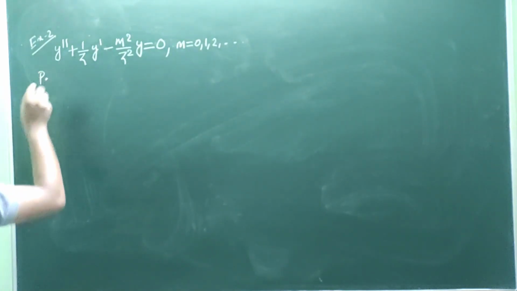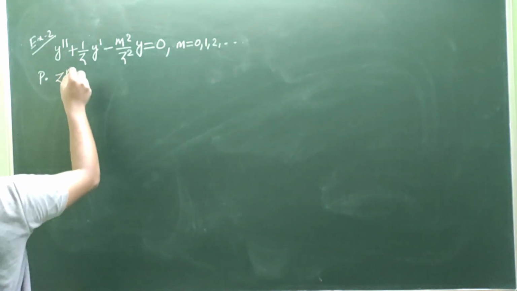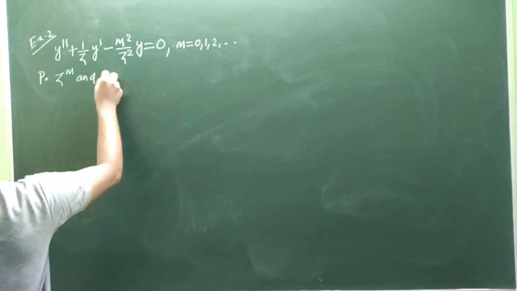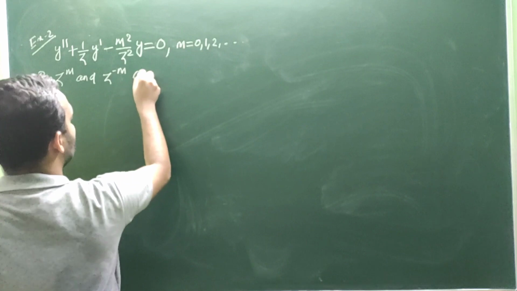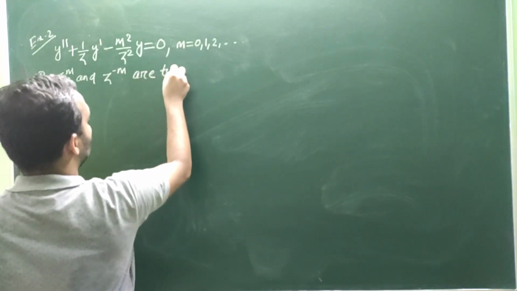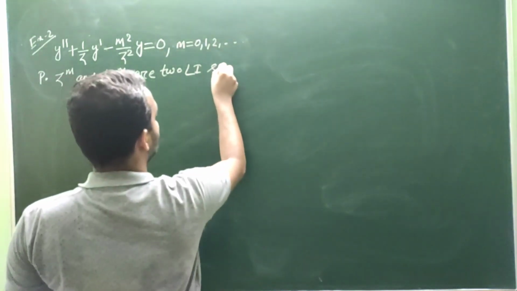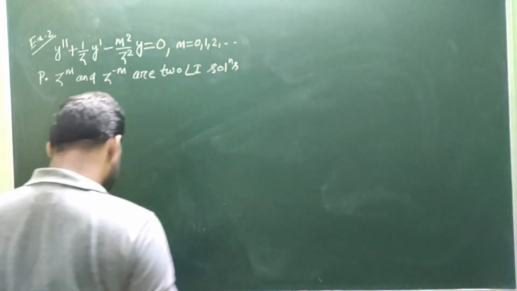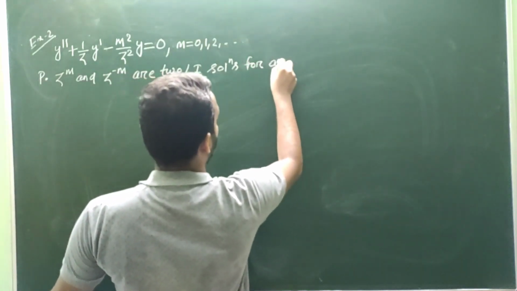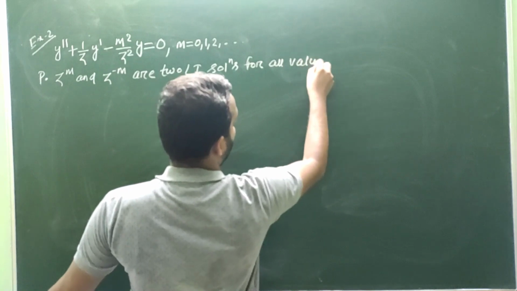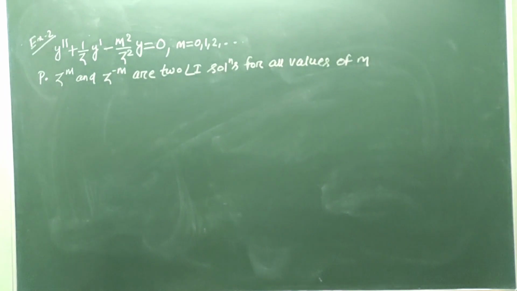First statement P: z power m and z power minus m are 2 linear independent solutions for all values of m. Right.